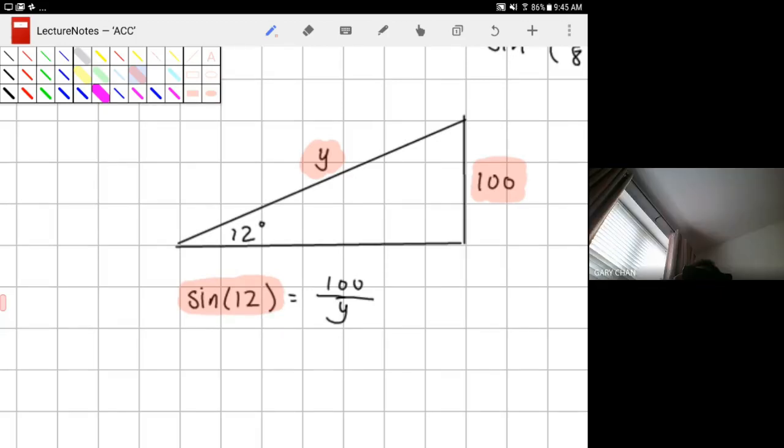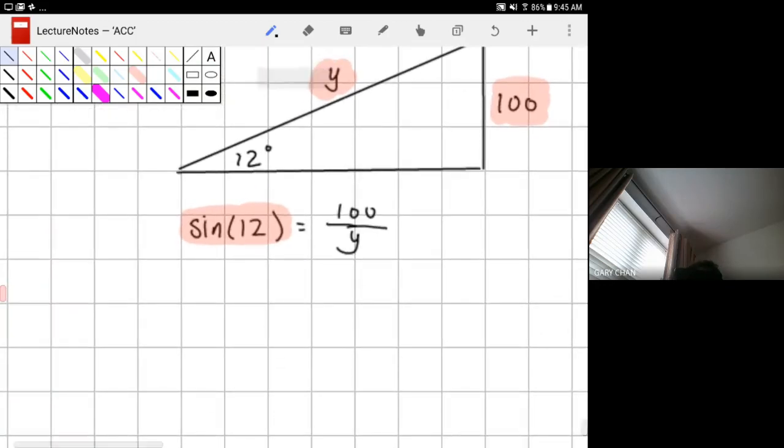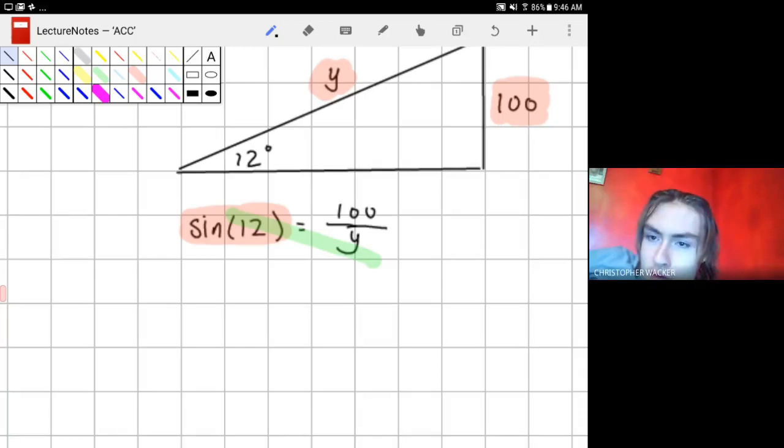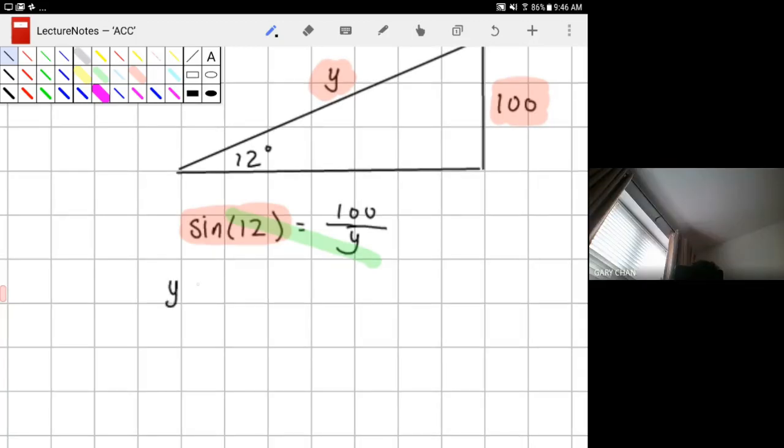So we're going to treat that as a number, okay? So we're going to multiply both sides by y first. If I do that, what will I end up with, Chris? Y sine 12. That's it. Y times sine of 12 is equal to 100.